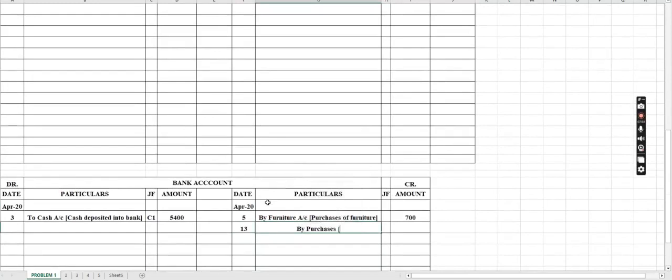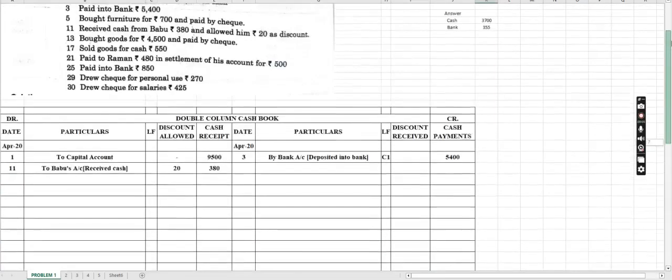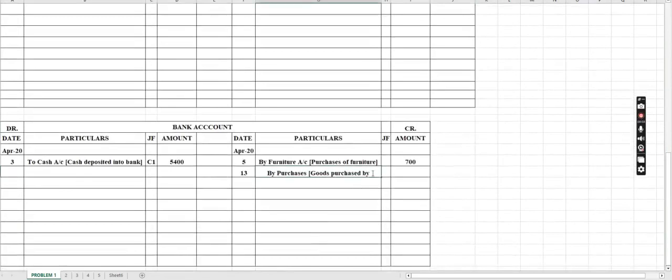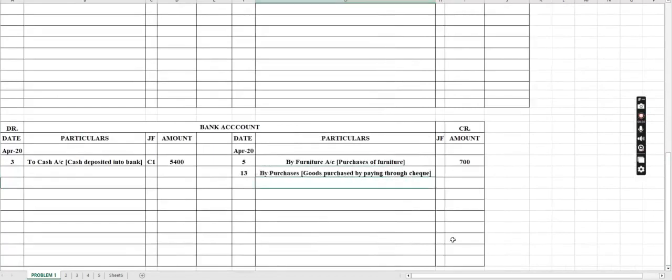In bracket, we can say goods purchased by paying through check, just for our understanding. Okay, that we can write there.